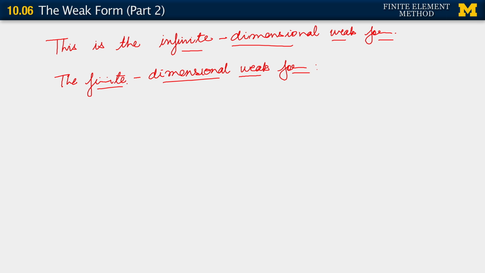The finite dimensional weak form: as before, given u g_i, t bar_i, f_i, the constitutive relation sigma_ij equals C_ijkl epsilon_kl. That's the form of the constitutive relation.